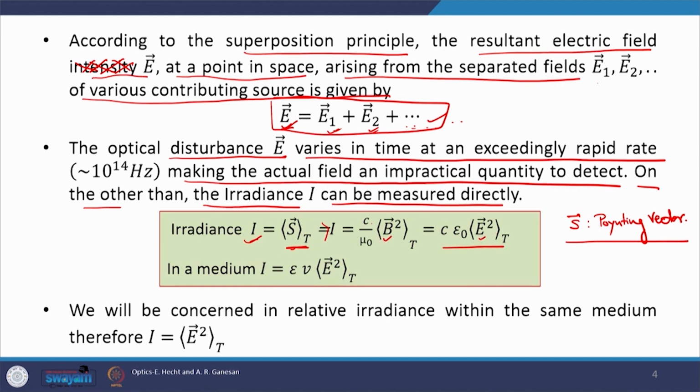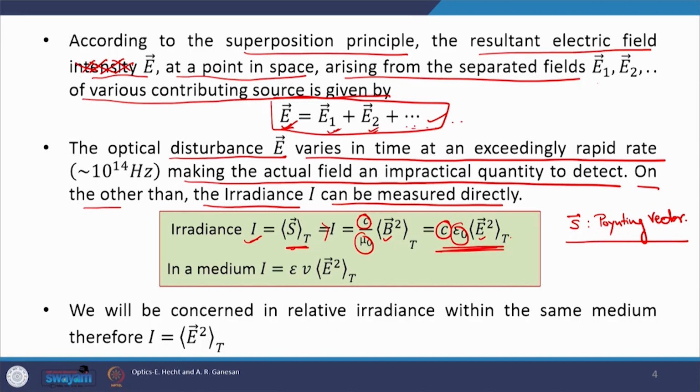If we take the time average of the E and B fields, then from there too we can calculate irradiance. Here C is the speed of light in vacuum, and epsilon naught and mu naught are the permittivity and permeability in vacuum respectively.